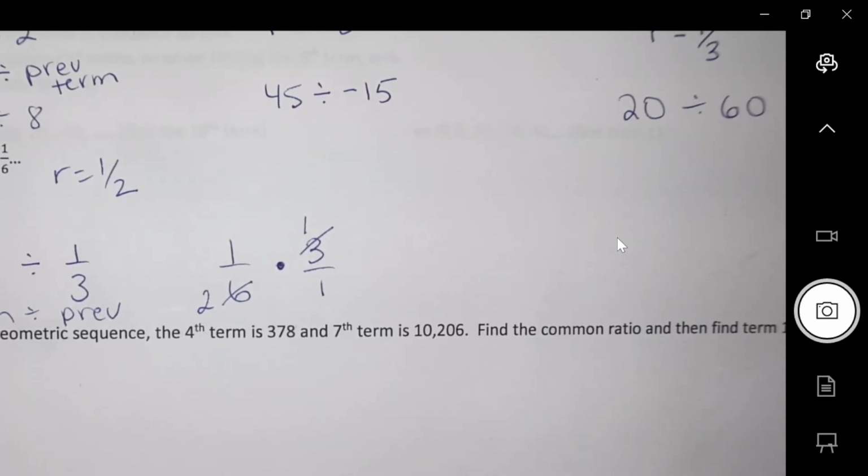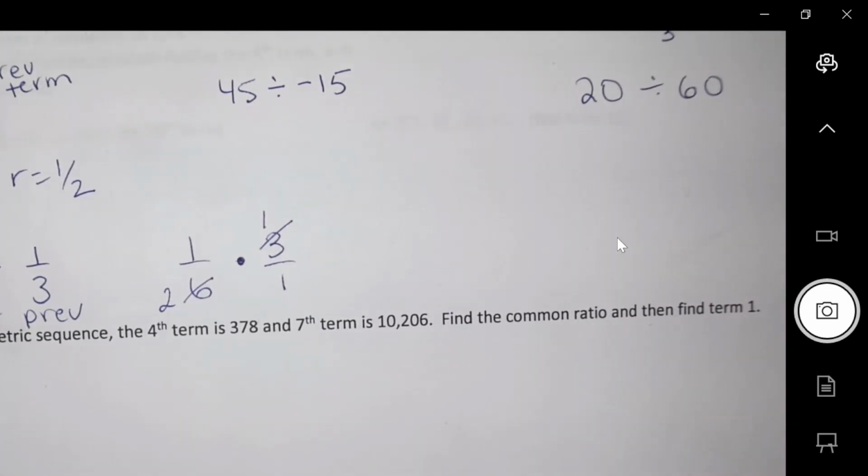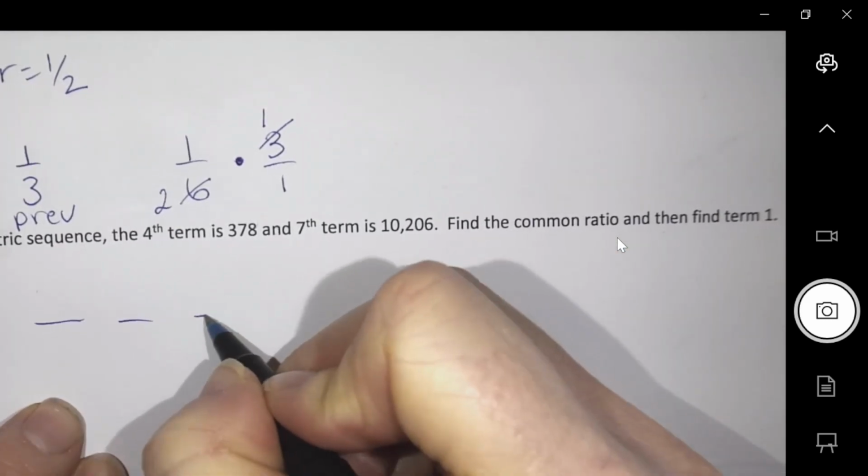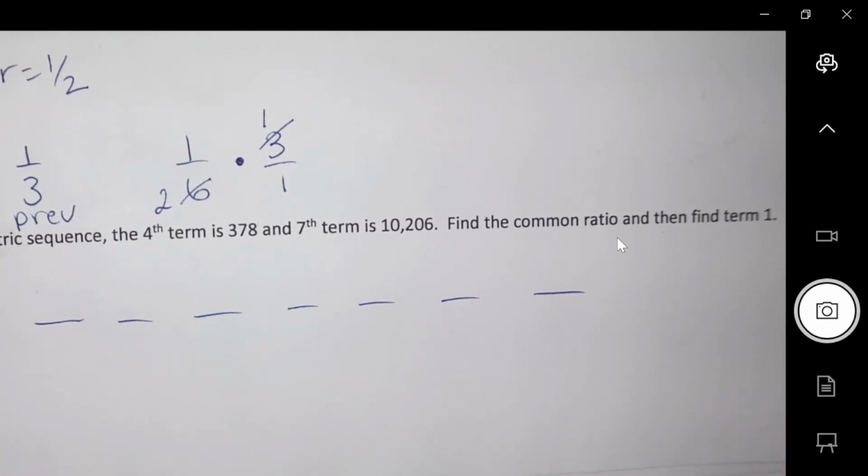Okay, a geometric sequence has the 4th term and the 7th term, so I'm just going to go like this. 1, 2, 3, 4, 5, 6, 7 blanks.